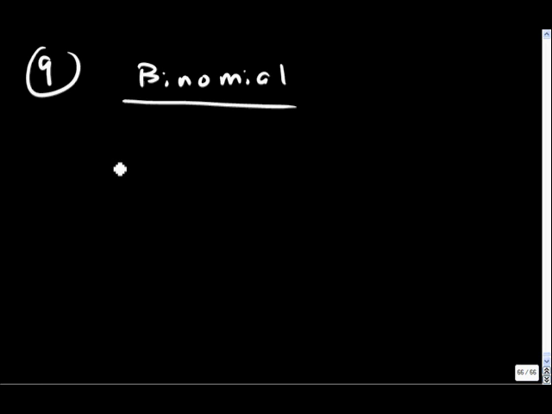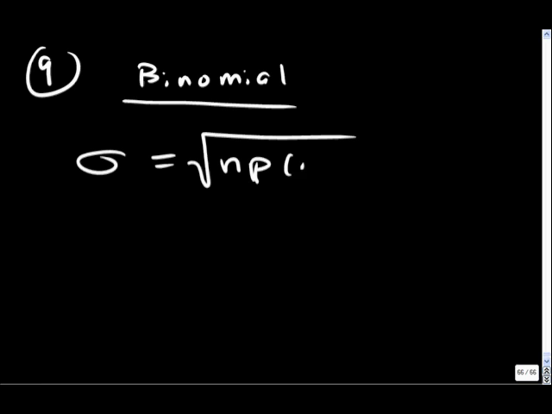Finally, question 9. Question 9 is asking to find the standard deviation for a binomial. For the standard deviation for a binomial, there's a shortcut. The formula is sigma is the square root of NP times the complement. In question 9, your batch of batteries is 11.